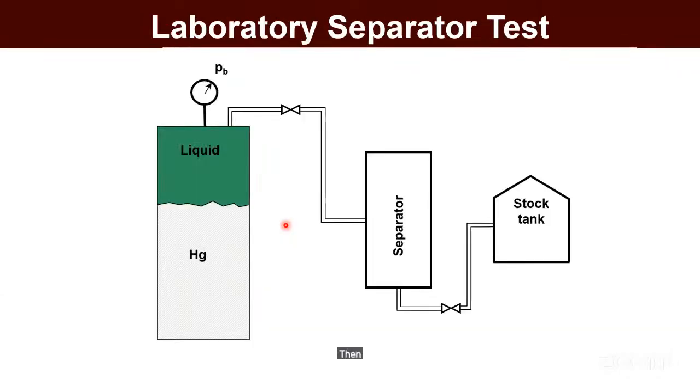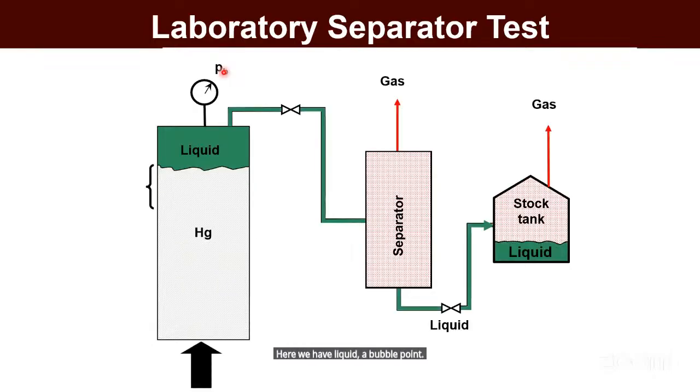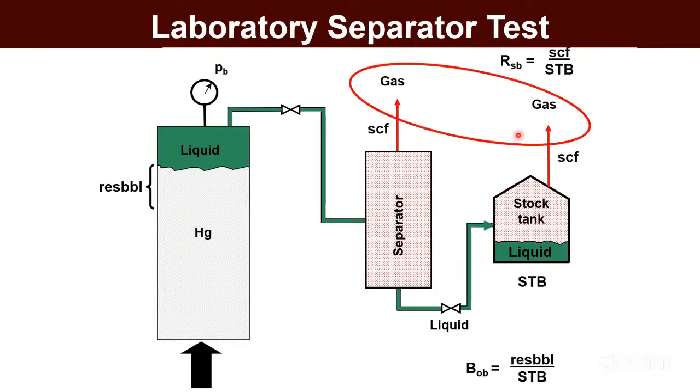Then we perform a laboratory separator test, which is the third type of test. Here we have liquid at bubble point. Then we go through separator pressure and then to stock tank pressure at different pressures.